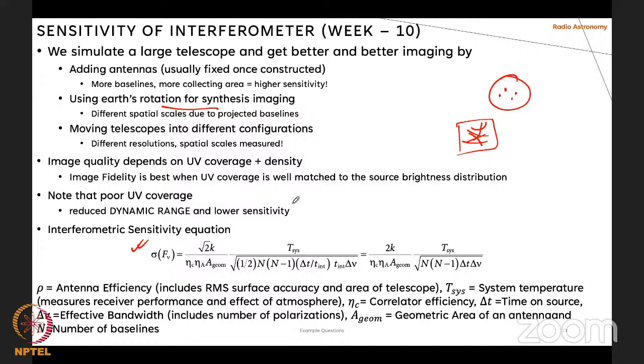Now if you have multiple sets of antennas, the interferometer sensitivity equation is given by this. In a sense, it is very similar to your single dish equation. The extra term you will see here is the n.